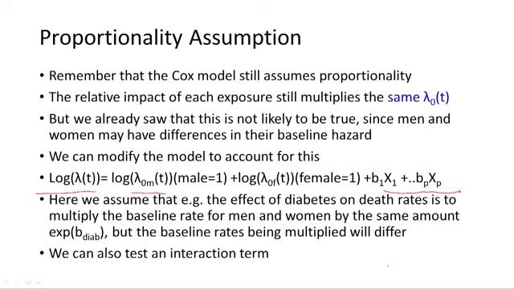So again, for example, the effect of diabetes on death rates is to multiply them both by the same ratio for men and for women.